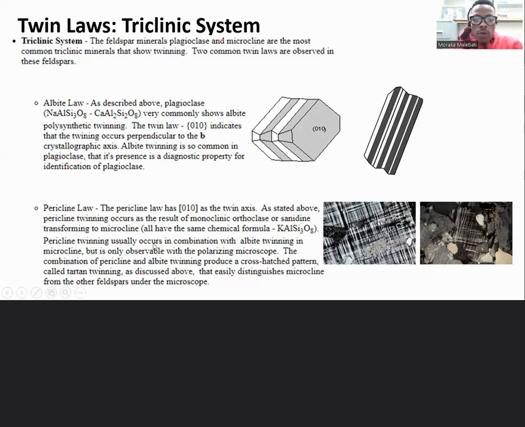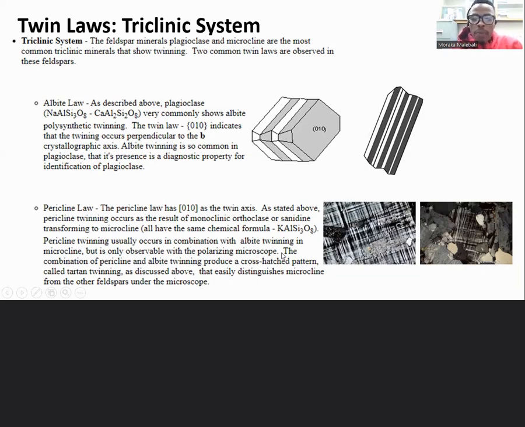Pericline twinning usually occurs in combination with albite twinning. In microcline, this is observable with the polarizing microscope.